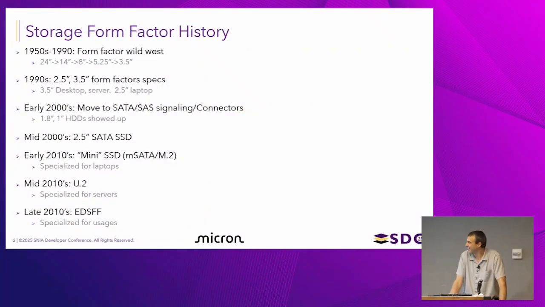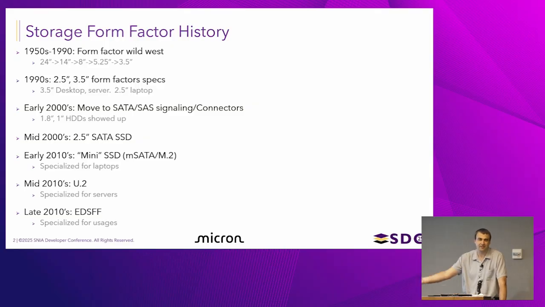A little history on form factors. We kind of had the form factor Wild West when the first HDDs were invented, but we've had quick changes in size and shape and everything else to where we kind of settled around somewhere around 3.5, and then the 1990s started and we started standardizing stuff.